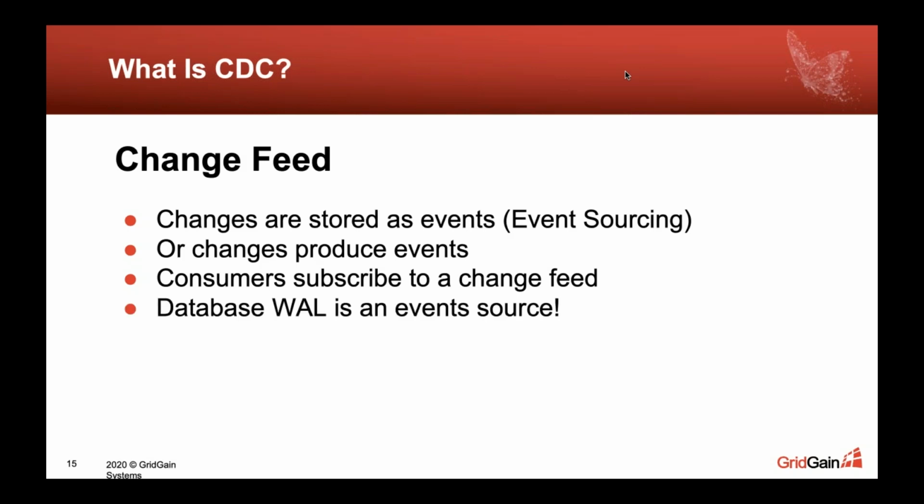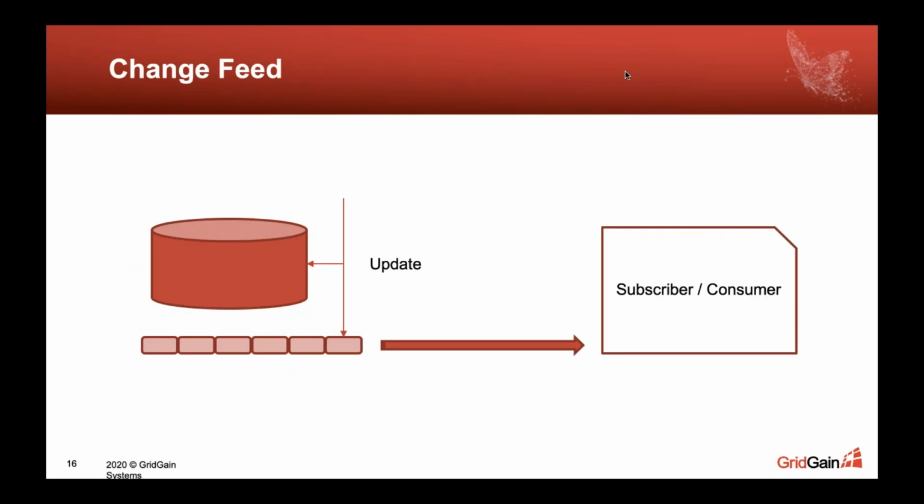And we can note that if you use a database with write-ahead logging, essentially the database write-ahead log is an event source that we can use, and many well-known databases like Oracle use this approach. So probably if you use GoldenGate, underneath they are doing something very similar to reading the database journal.